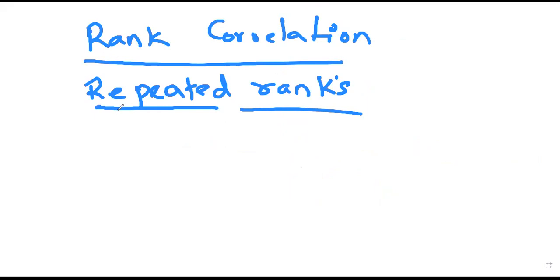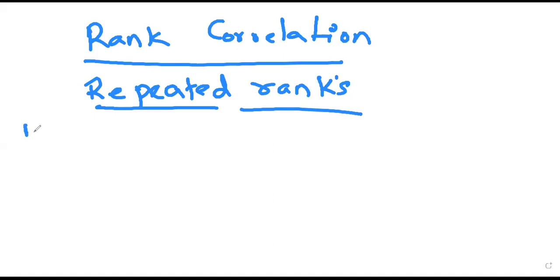That is nothing but, assume that the same student has achieved the same rank in two different subjects. So how do we manage this type of situation, or how is the allotment done? Usually the rank allotments will be in the form of the average. The average is considered, and the rank correlation is determined.